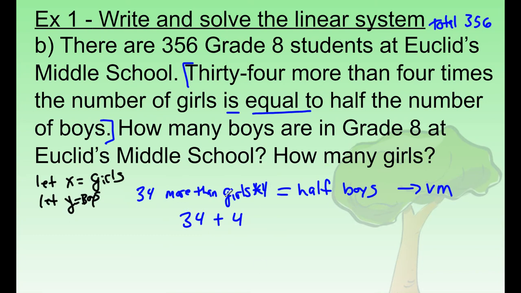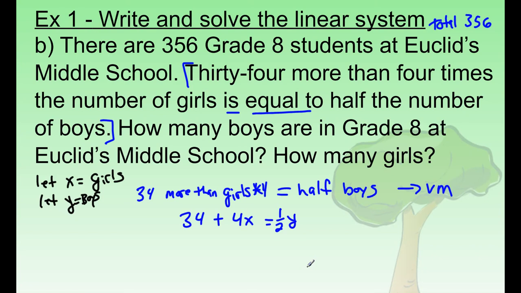Alright, so X is the number of girls, half of the boys. So how do you show half of the boys? Well, you take the boys and you divide by 2. Or you can put half the boys. Alright, so I have one equation.